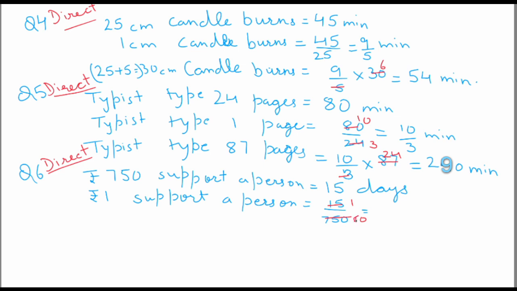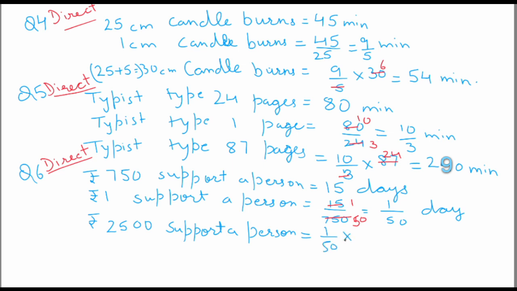Sorry, 15 fives are 75, that is 50. So 1 rupee can support him for 1 by 50 day. Now rupees 2500 will support the same person for how many days? We have to check.